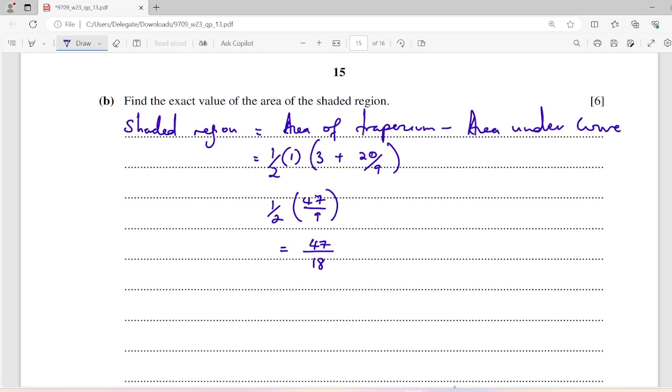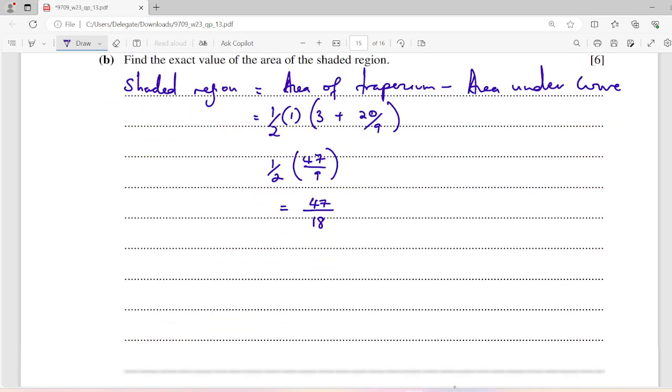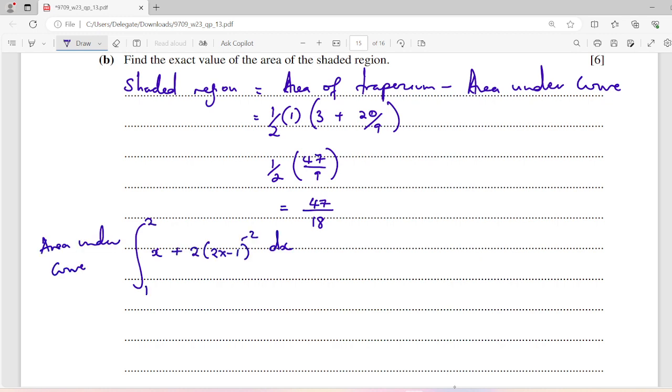Then the area under the curve. How do we get the area under the curve? We integrate. So we shall integrate from 1 to 2 of the curve, which was x plus, and we never integrate in the denominator, then dx. So we increase the power by 1 and divide by the new power.